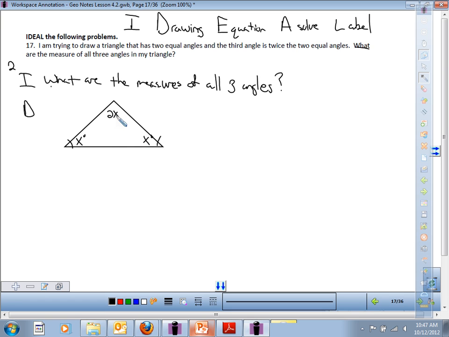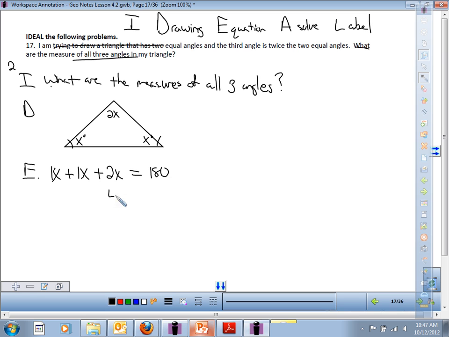And if these are x, that's 2x to show that. Now we have everything in our drawing. We defined everything we know. We can get rid of the word problem. We don't need it anymore. Now if we look at E, get an equation down for this guy. We can use that triangle sum theorem. x plus x plus 2x should equal 180.